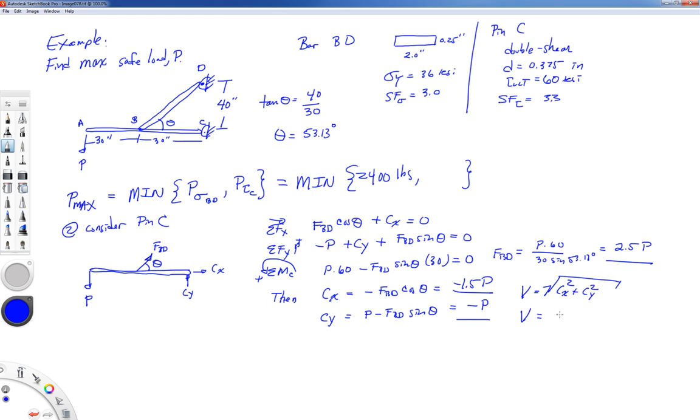Now in terms of P, if I put in minus 1.5 squared and minus 1 squared, square each of those and take the square root, then I will end up with 1.803P.